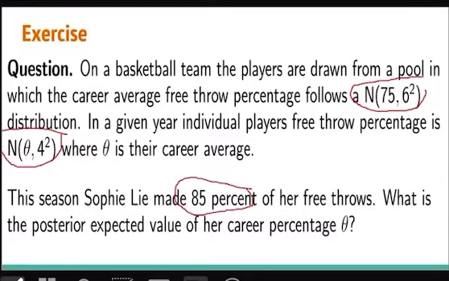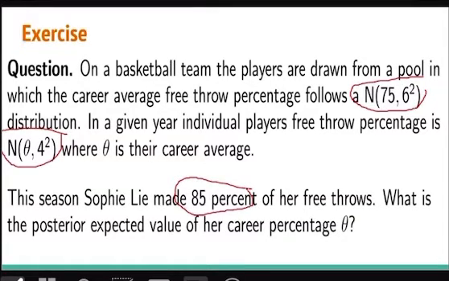What is the posterior expected value of theta here? They are asking you only for the posterior mean. You have all the information that you're actually going to use to figure it out. Does that make sense to you now?